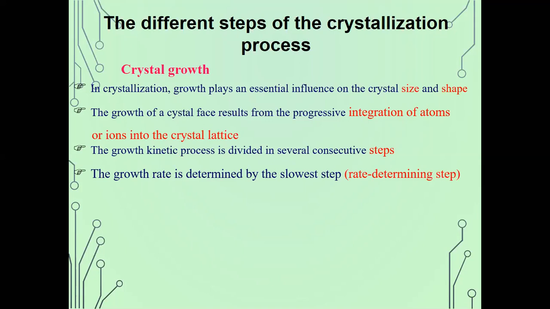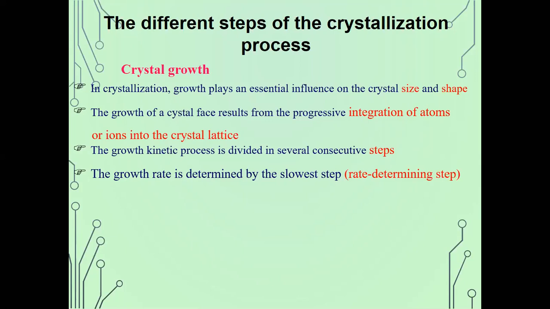And this is comparable to any processes, whether we observe in nature or even in industry. The time that is being used in the production of anything is very dependent on the slowest part of the process. The other parts of the process that are spent in a lesser amount of time do not play a very big role in the total time that is used up in the production of any material.